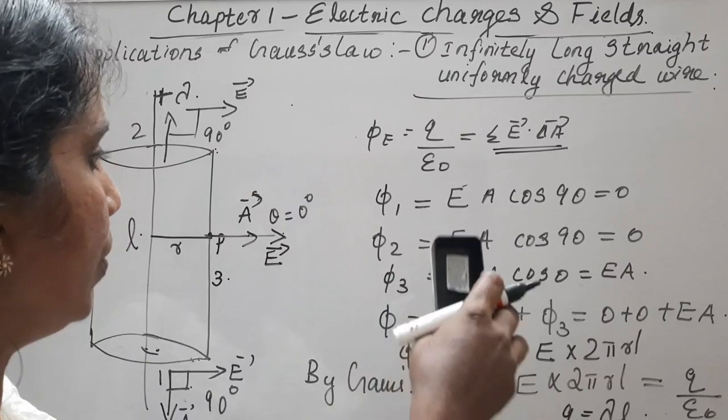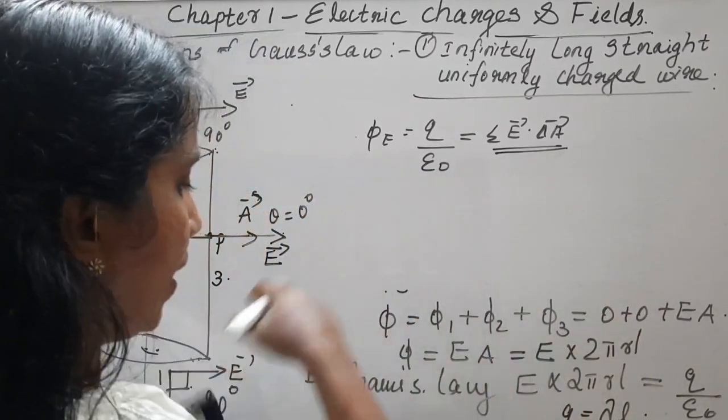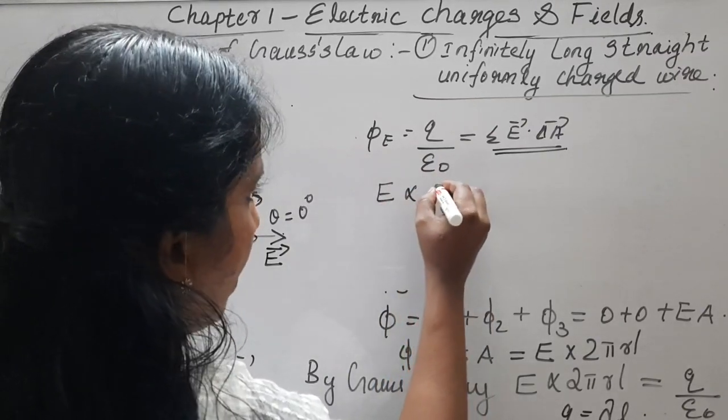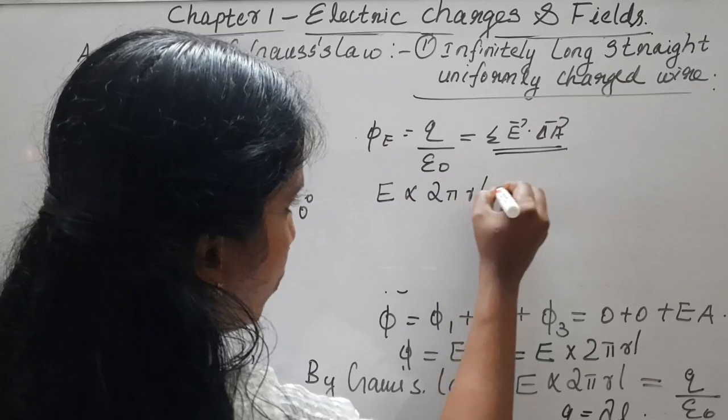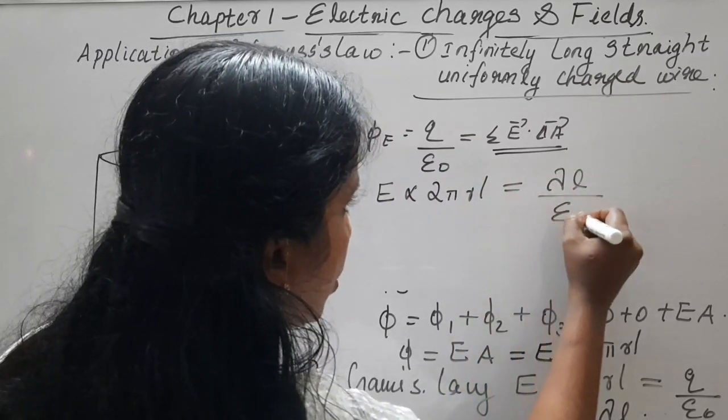So on substituting, we have E into 2 pi RL is equal to lambda L by epsilon 0.